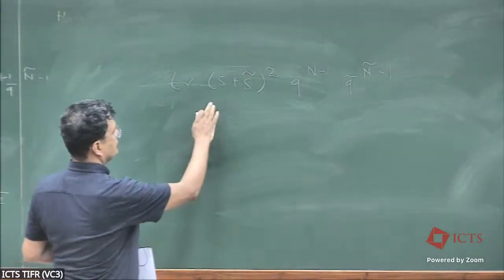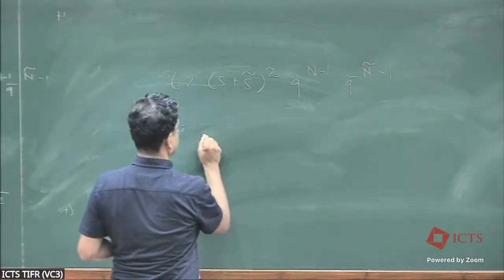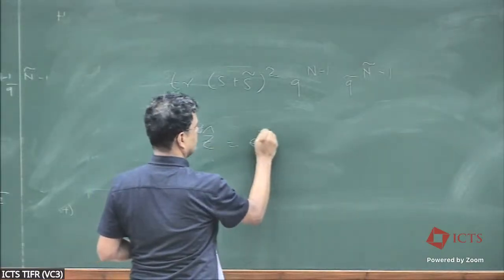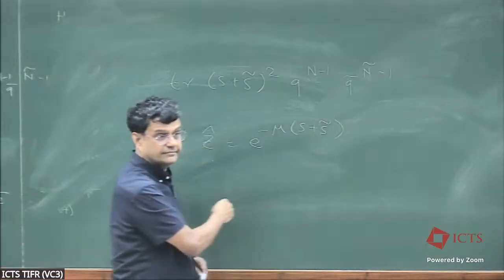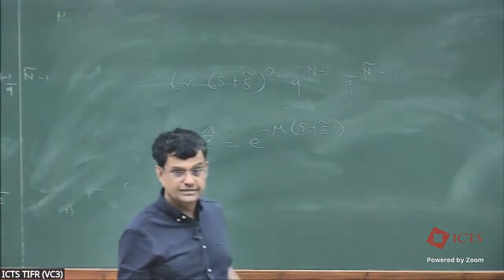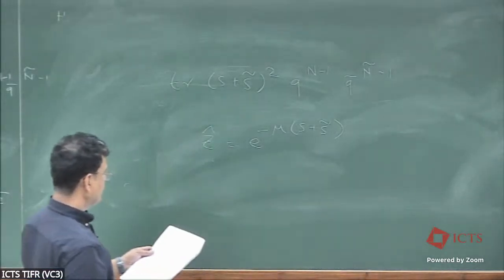you can sort of go to the grand canonical ensemble and write a Z, which is e to the minus mu (s plus s tilde). And you take 2 derivatives, that's always the easy thing to do. And when you do that, you end up getting this answer.